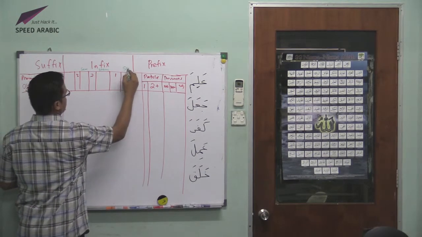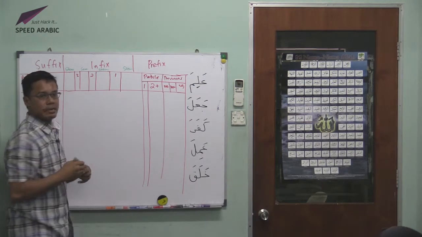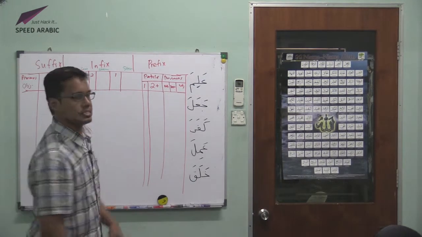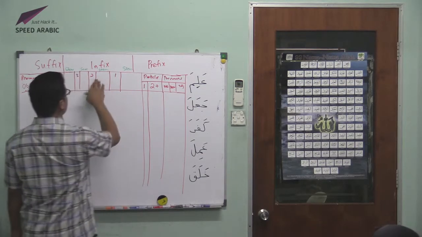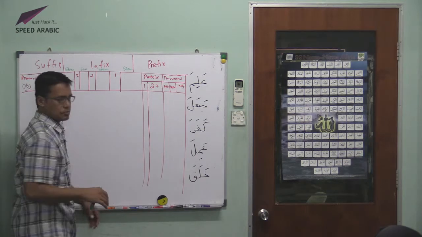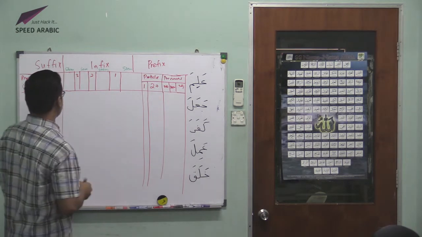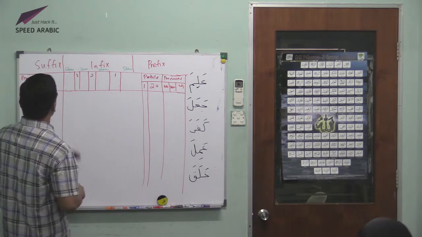So these letters are connected to the root letters. They are called stems, which we will see examples of when we discuss the noun stems.